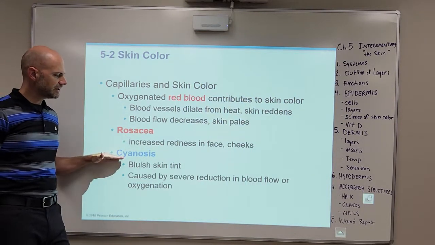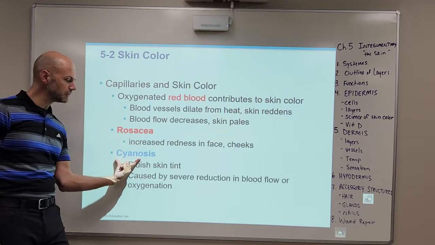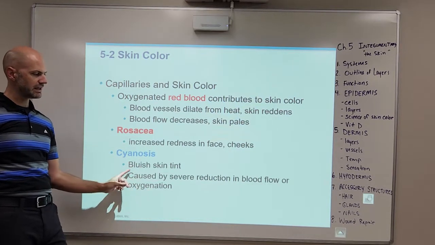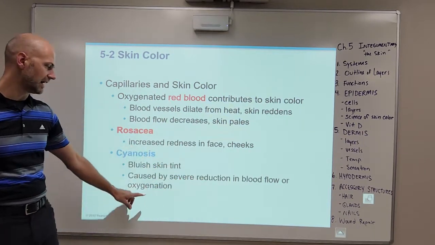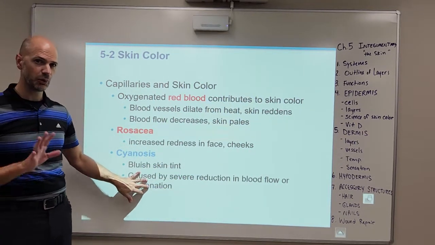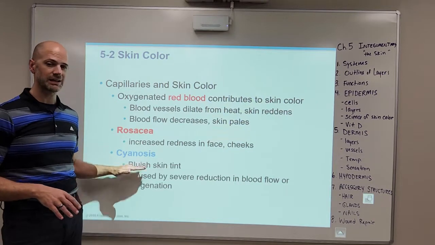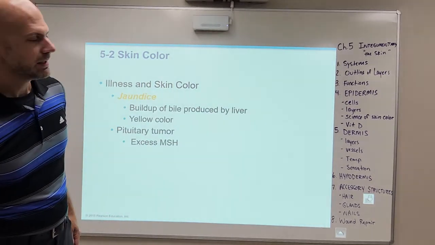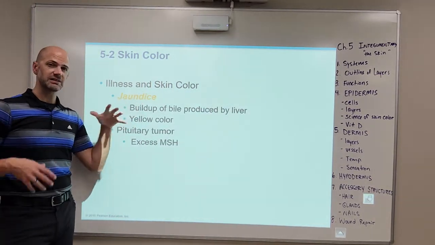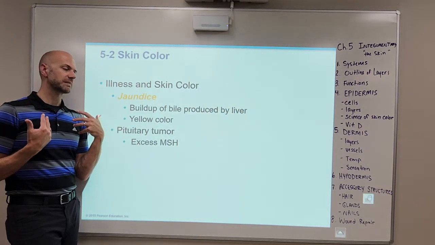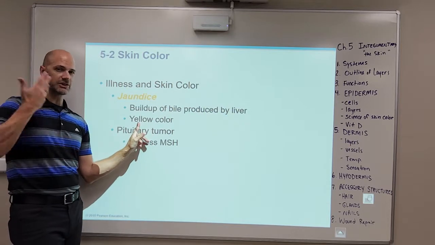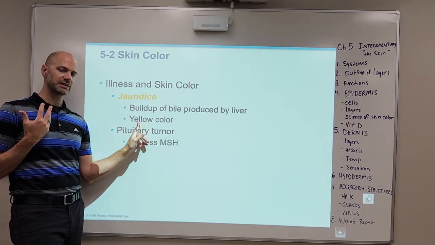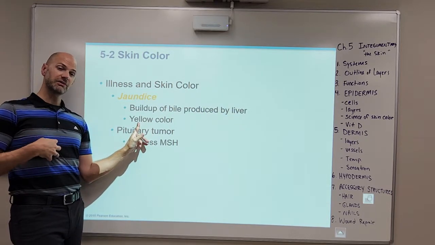Cyanosis. Cyanosis is the blueness of skin. It's a bluish skin tint, and it's caused by a reduction in oxygenation. If you are poorly oxygenated, you might get cyanosis. Jaundice. Jaundice is a yellowing of the skin. It's a buildup of bile produced in the liver, and there's an accumulation of these products in the skin because your liver is damaged.